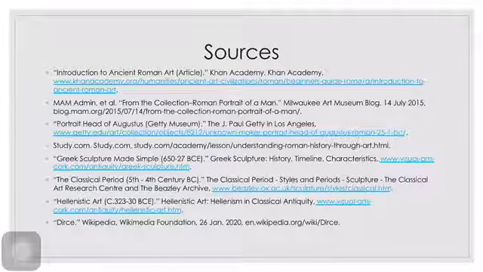I really enjoyed reading a lot of these, especially the Khan Academy article and the Greek Made Simple article, because they give you a lot of details that a textbook would not necessarily give us, and they dive into each period of art for the Roman and Greek cultures and societies in great detail, more detail than what we would normally see in our textbook.